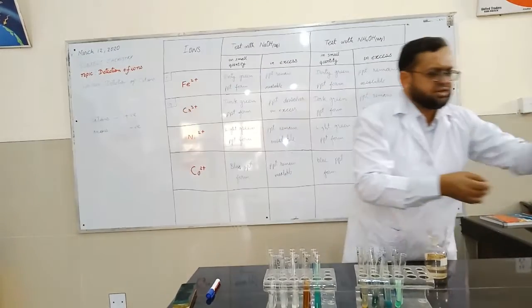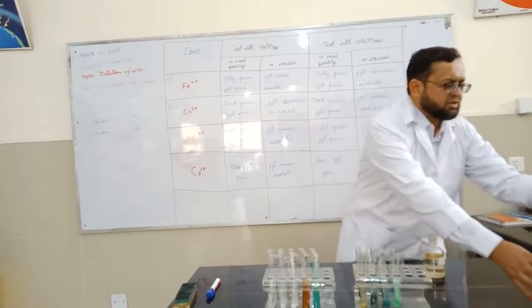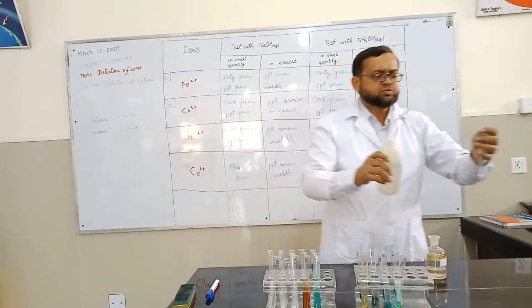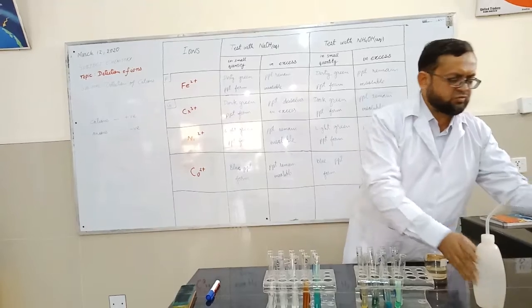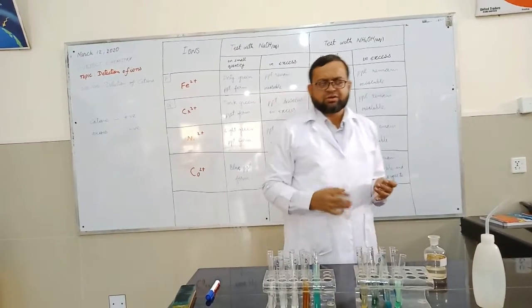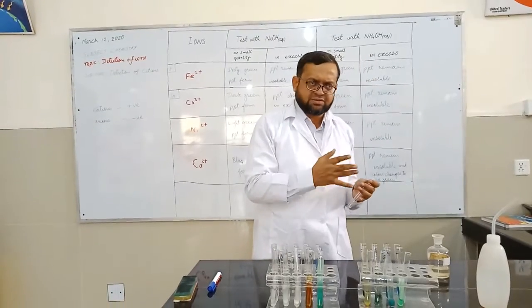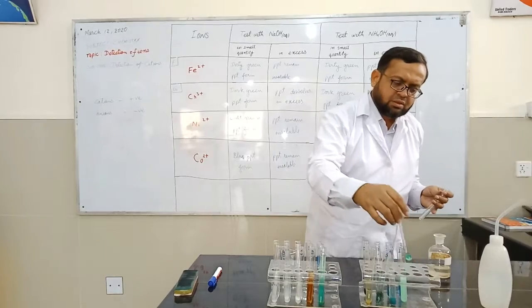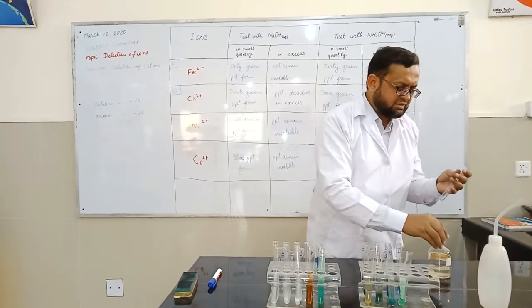First we will wash the test tube with tap water, and we always rinse the tubes or any glassware that we use for our chemical tests with distilled water, because tap water contains some ions which can interfere with our result, but distilled water contains no ions. Why am I taking this test tube?